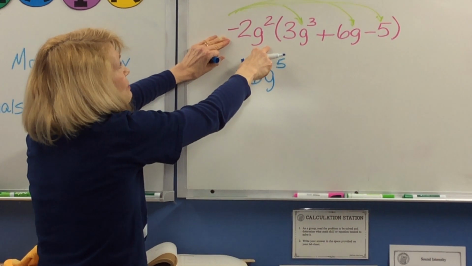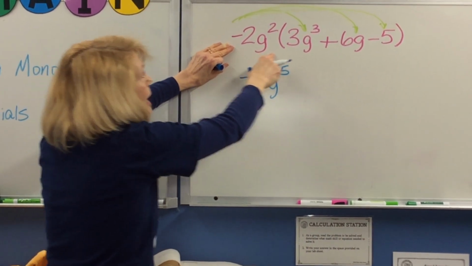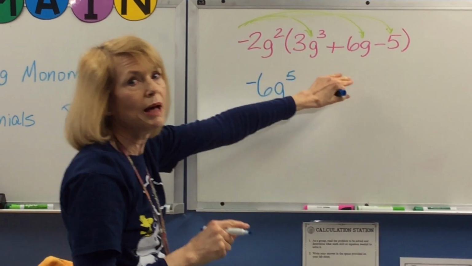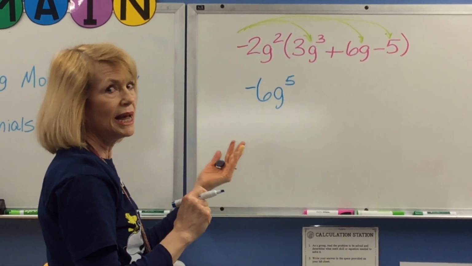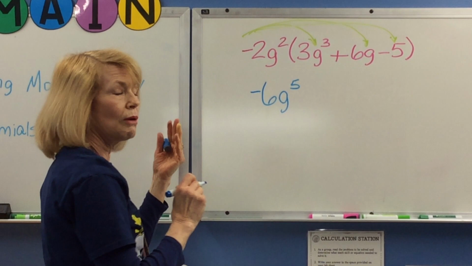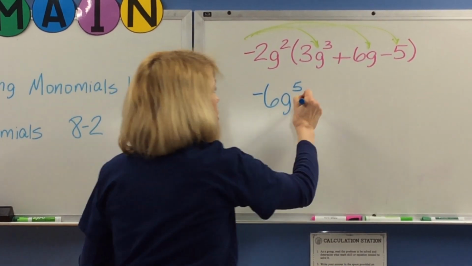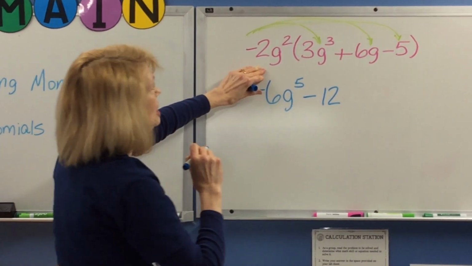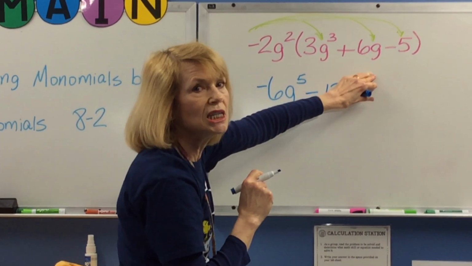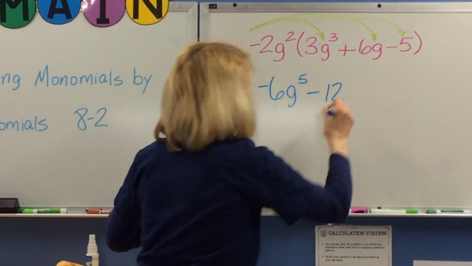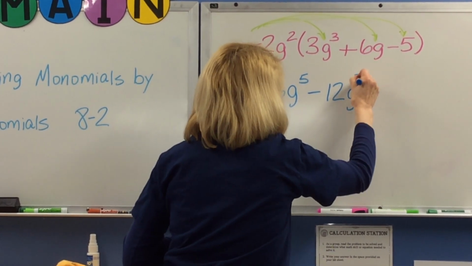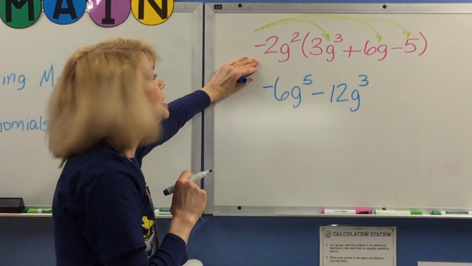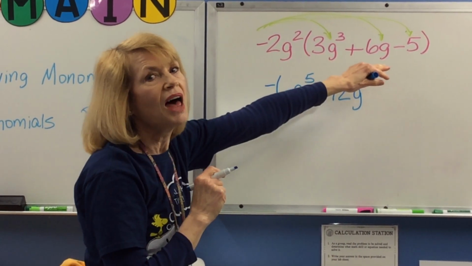I have negative 2g to the second power times positive 6g, so negative 2 times positive 6 is negative 12. You could write plus negative 12, or you can just say minus 12. And g to the second times g is g to the third. Now I have negative 2g squared times negative 5.